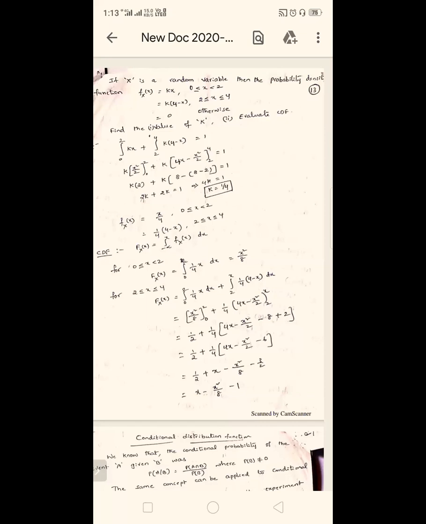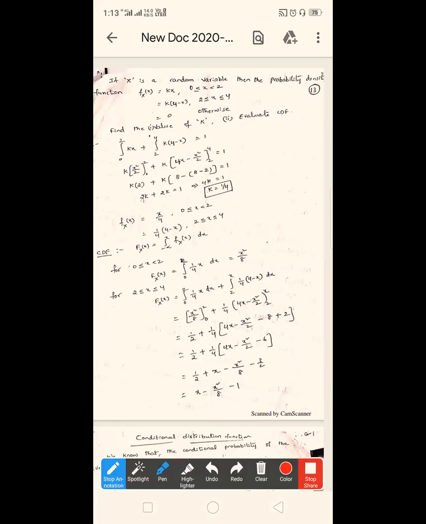So how can we find the value of k? See the solution. Which property do we have to use here to find the value of k? To find the value of a constant, we have to use a property. In the previous classes, I explained the 5 properties of the probability density function.